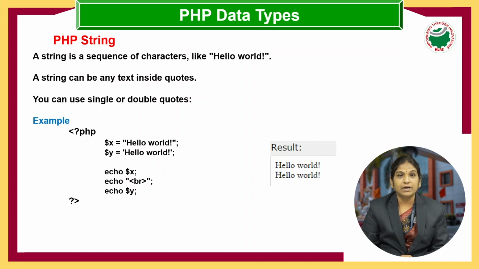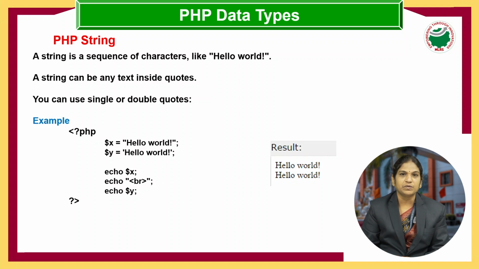The string I am assigning to $x is "hello world", encoded inside double quotes, and $y equals "hello world", also encoded inside double quotes. I want to display these values on the screen.